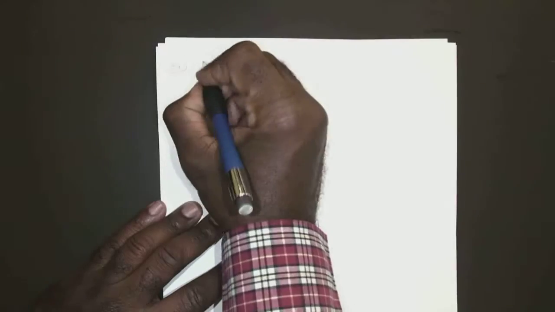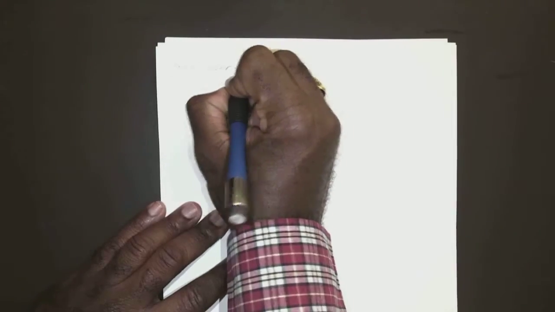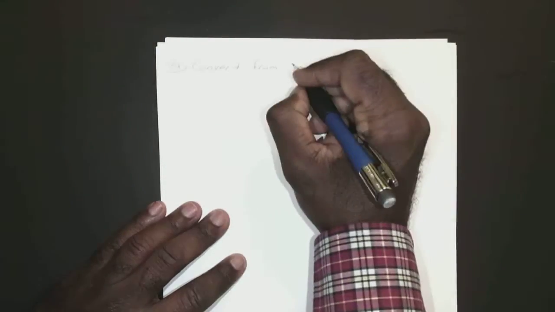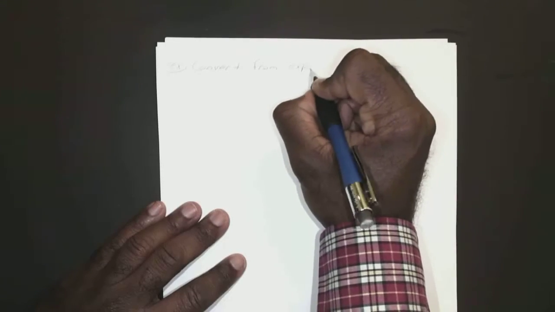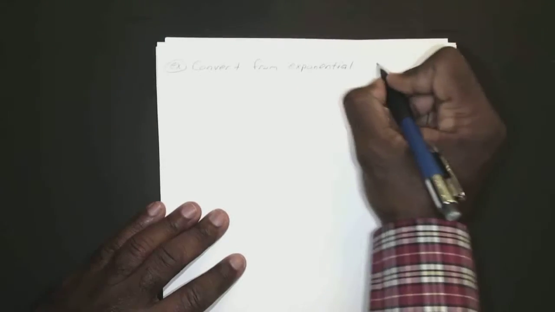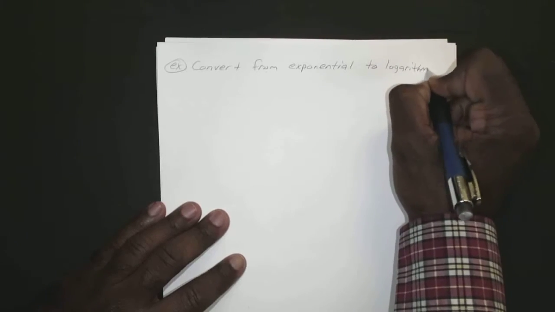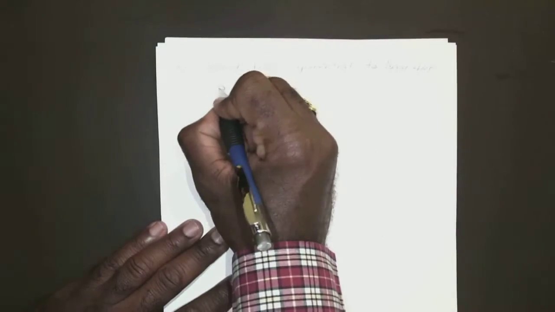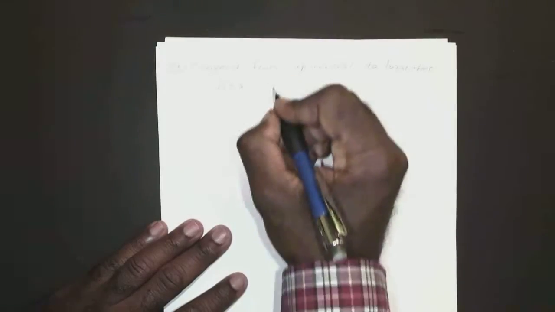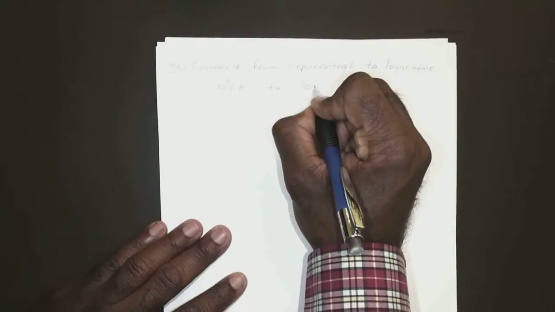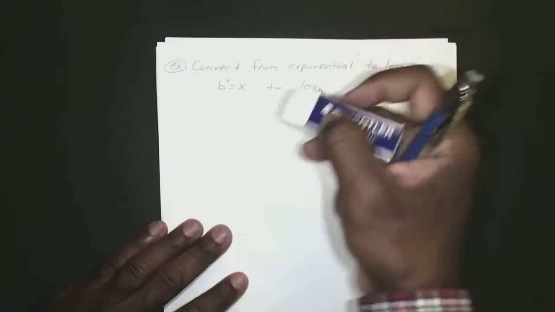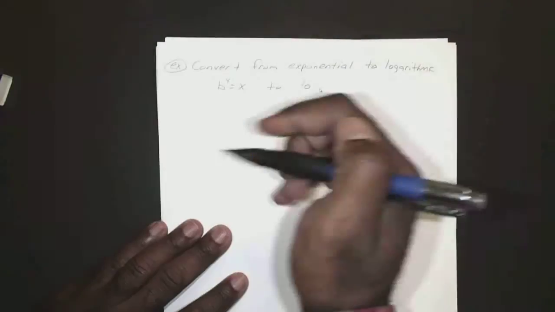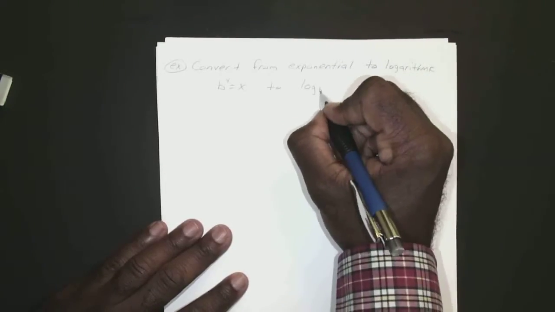So here we're going to convert from exponential to logarithmic. In other words, we're going to convert from b to the power of y equals x to log base b of x equals y.